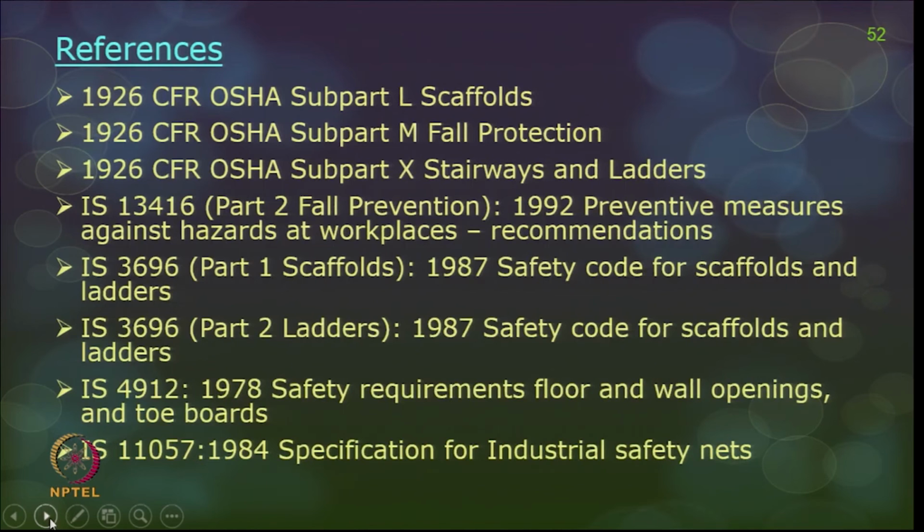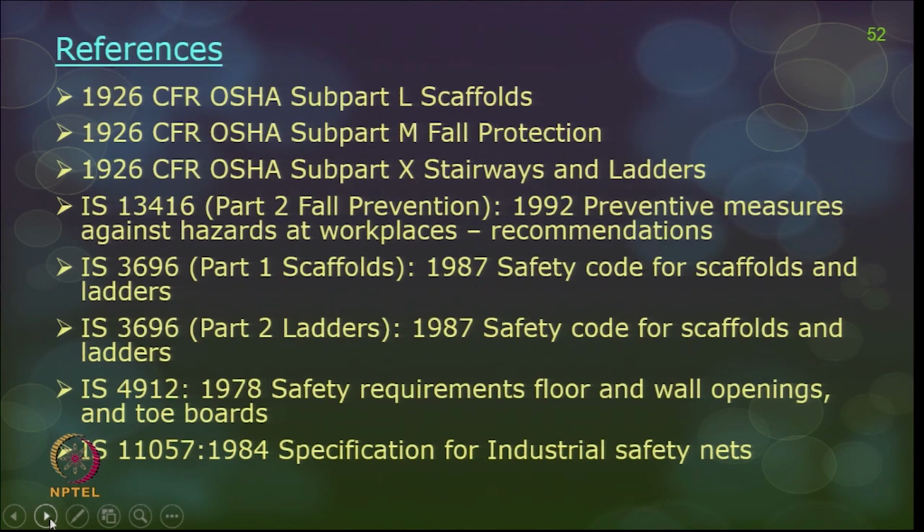Okay. Now, all these lectures and slides that I have covered today are from these references. Half of them are from OSHA and half of them are from IS codes. OSHA Subpart L on scaffolds, Subpart M on fall protection, Subpart X on stairways and ladders, and IS 13416, which talks about preventive measures against hazards at workplaces. Part 2 is on fall protection, fall prevention.